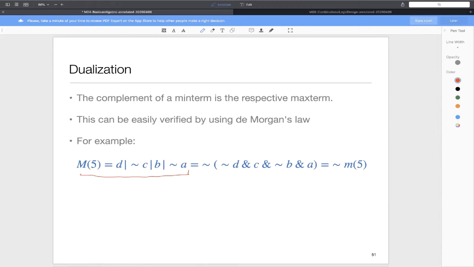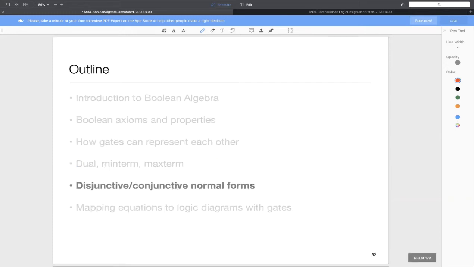So that's why we are seeing D, not C, B, not A. And that is equal to the negation of the corresponding minterm. So by De Morgan's theorem, more generally, M of i is equivalent to the complement of m of i. So that just follows from De Morgan's theorem. Once we have defined maxterm and minterm, this property just follows.